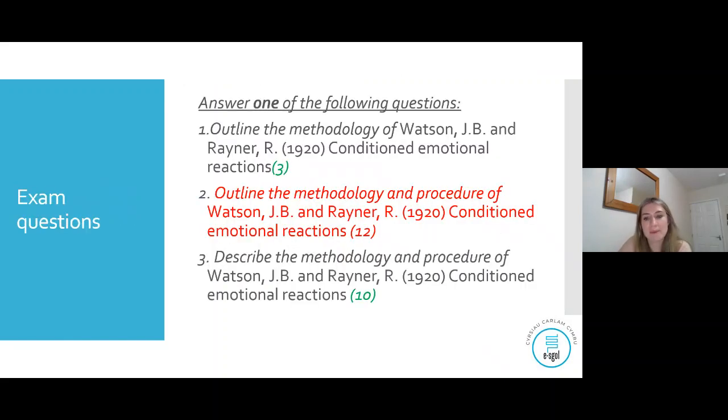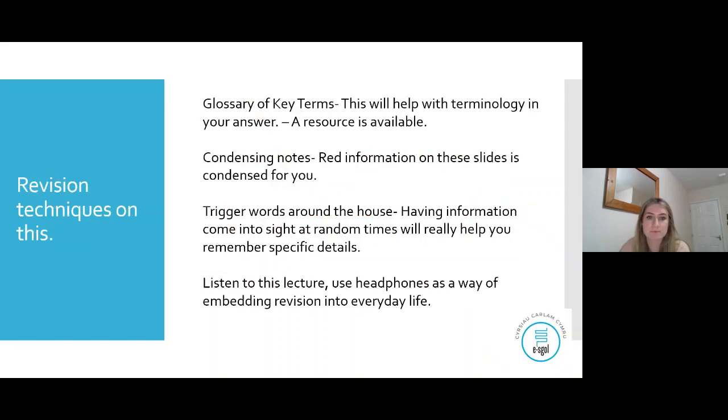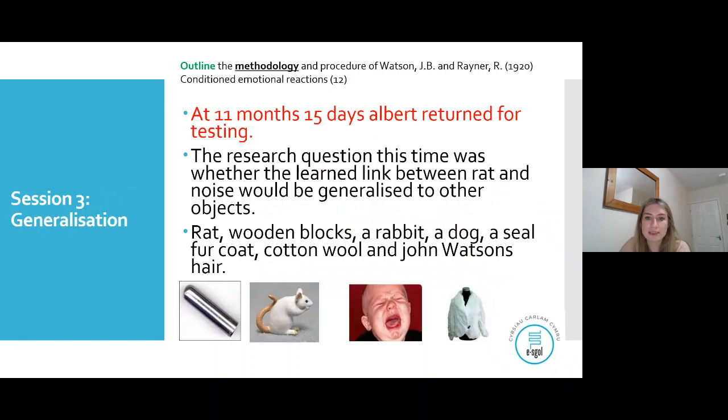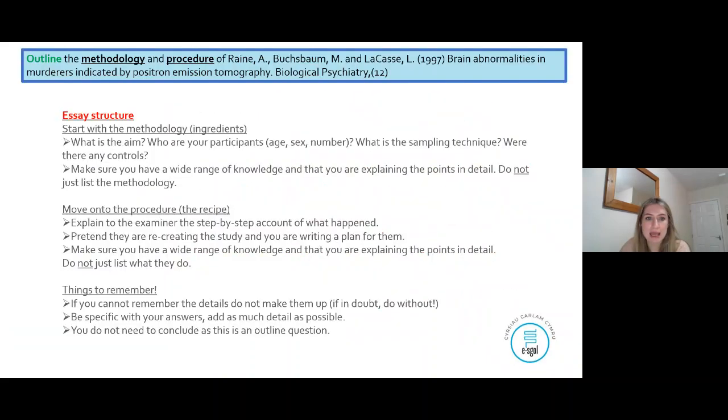So when we are looking at the methodology and the procedure of Watson and Rayner, we need to make sure, again, that we have got all of the relevant elements to make sure we've got those 12 marks down for this. So if I go back a few slides and I go here, again, it's this universal essay structure that I have made, and we can apply it to whatever classic study you want.